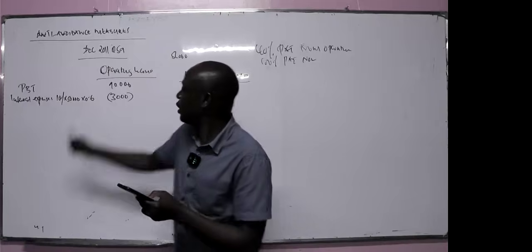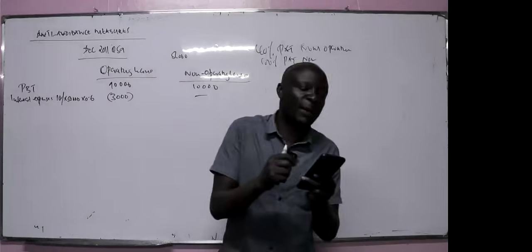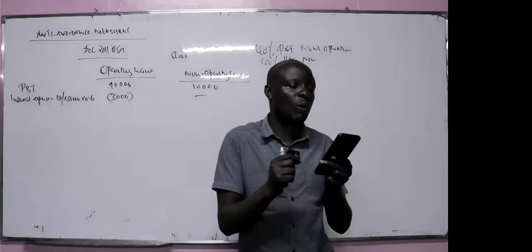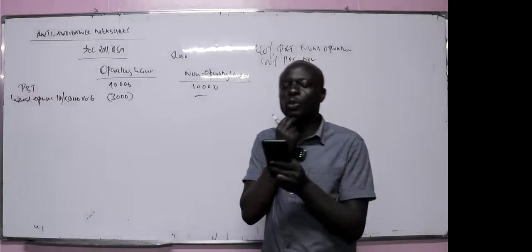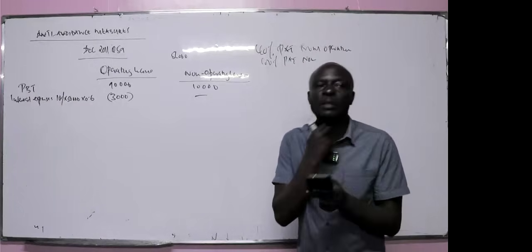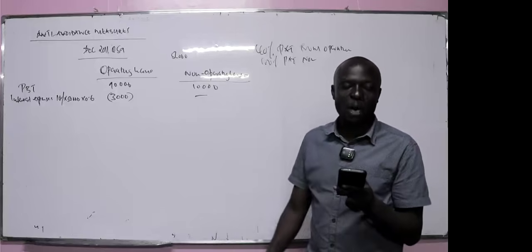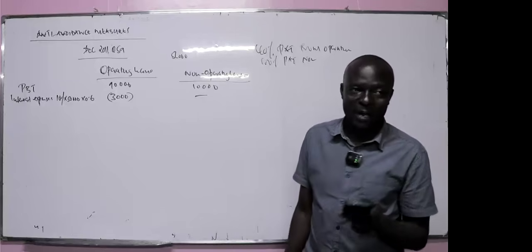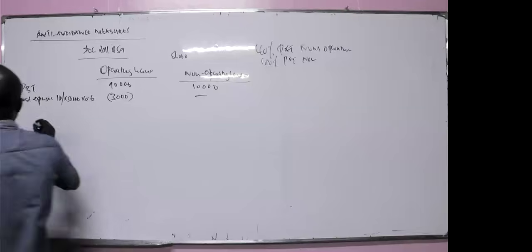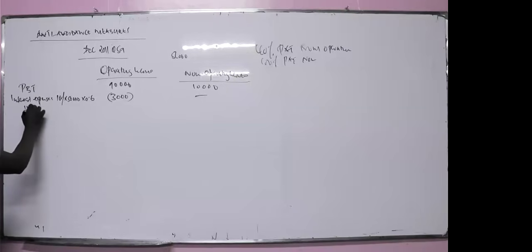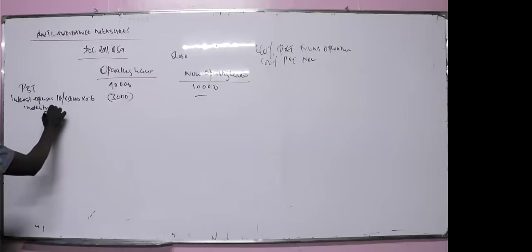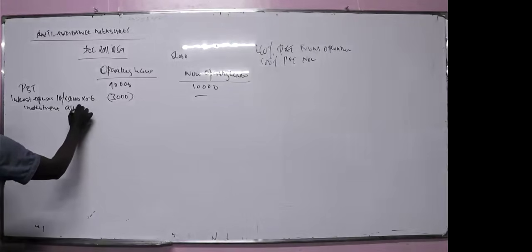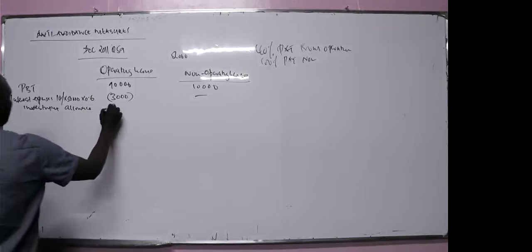Then in arriving at this profit before tax, they had claimed investment allowance of 4 million. So this one was revised downwardly, so an adjustment needed to be done. So how do you adjust? We add back the over-claimed investment allowance. So we add back how much? So we add back 2 million.